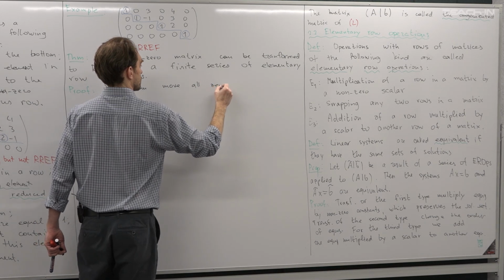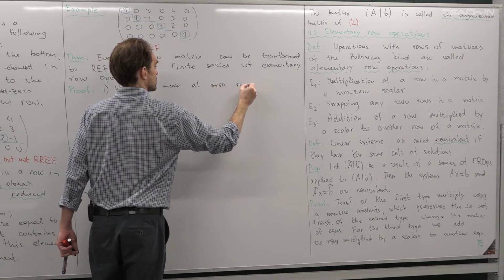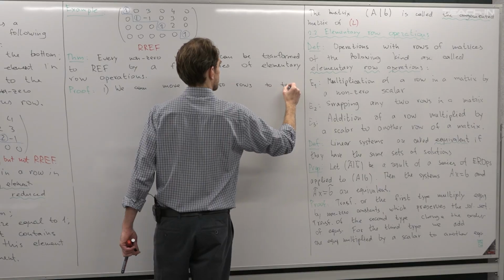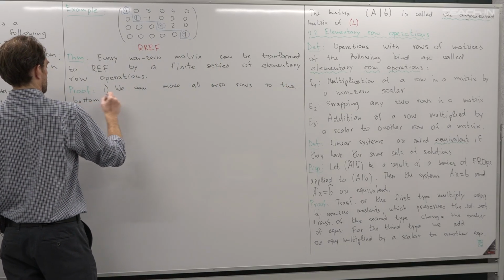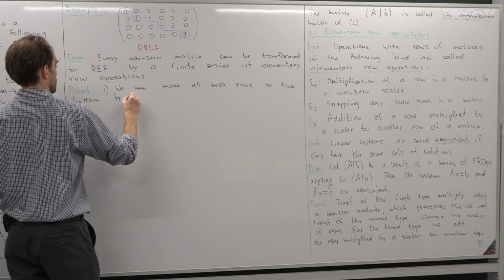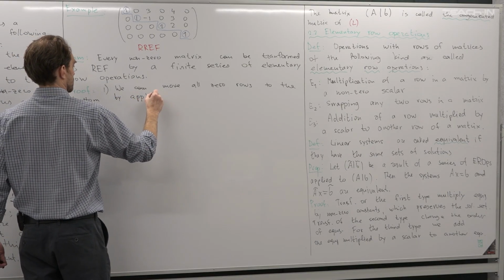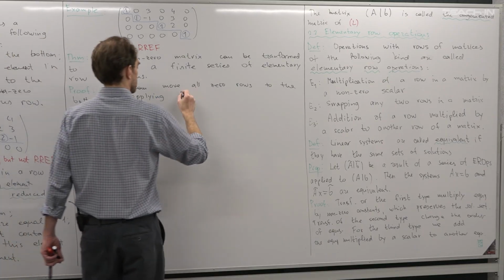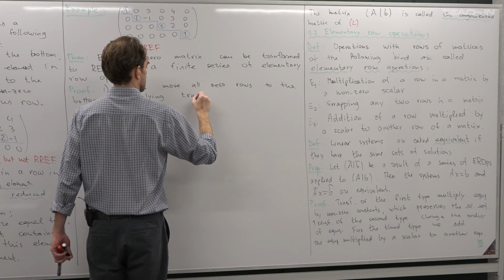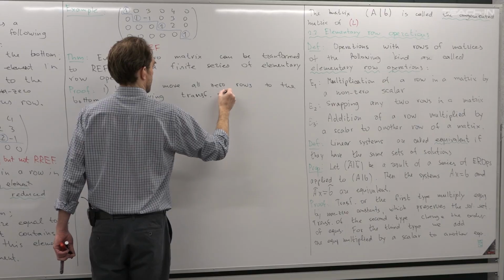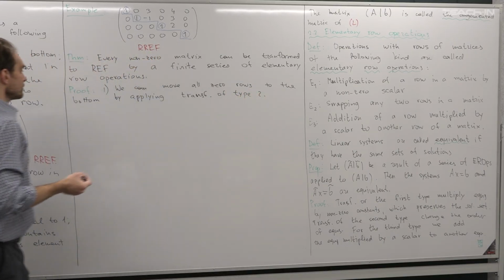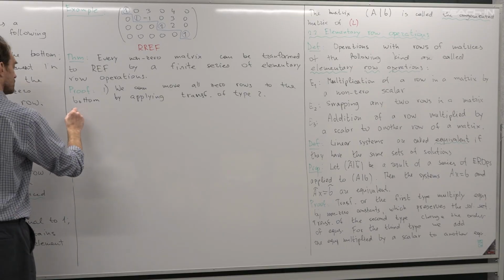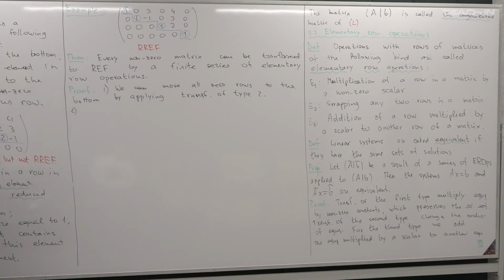All zero rows to the bottom by applying transformations of type 2.